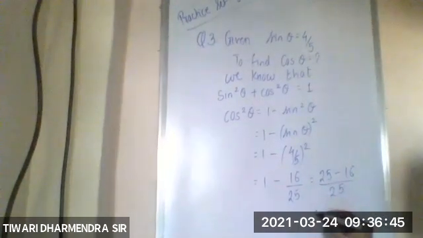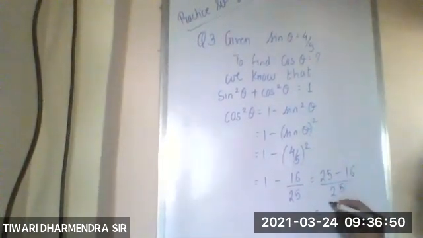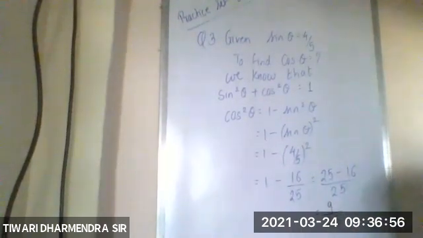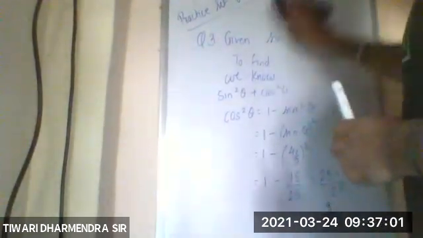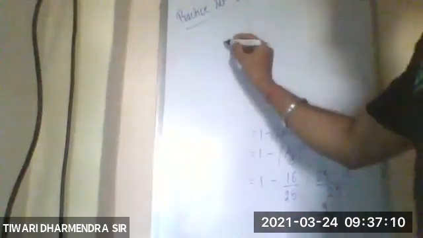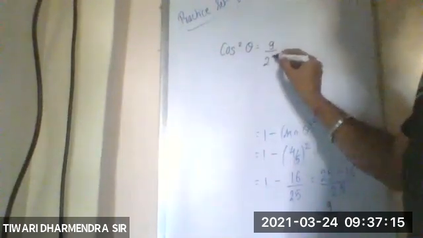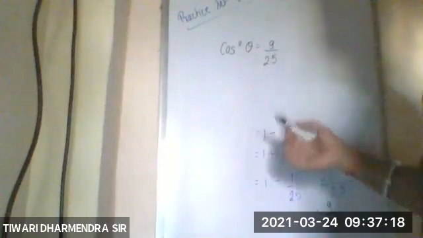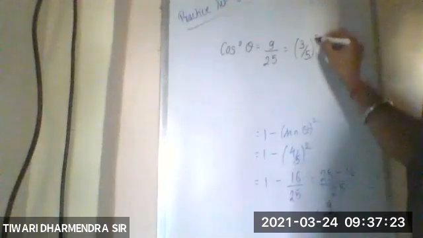So from here, 25 minus 16, how much? 9. 9 upon 25. So I got cos square theta equal to 9 upon 25. Taking square root on both sides, or you can write this first in the form of a square: this is 3 by 5 the whole square.